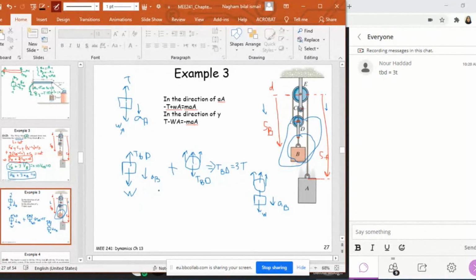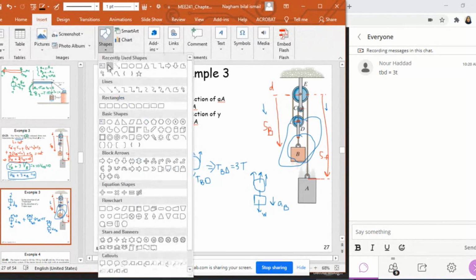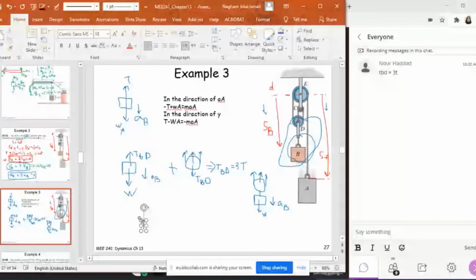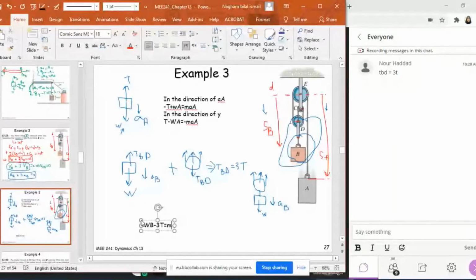This means that your equation in the direction of aB will be WB minus 3T is equal to mB aB, okay? All right, guys? So that's it. What do I have now?